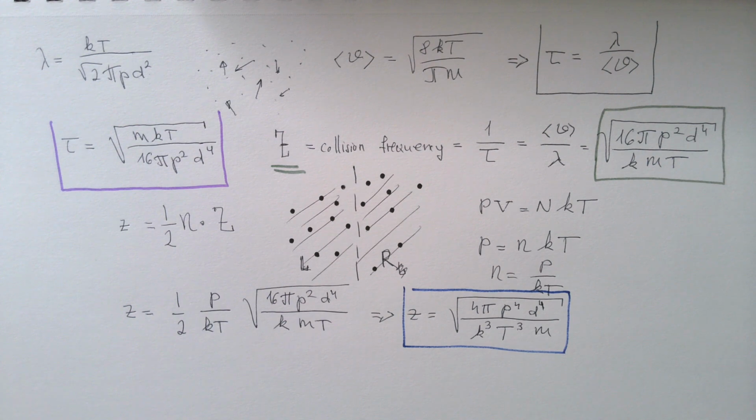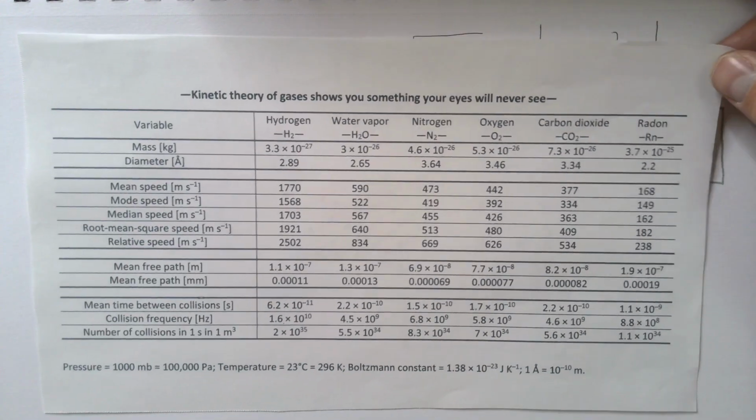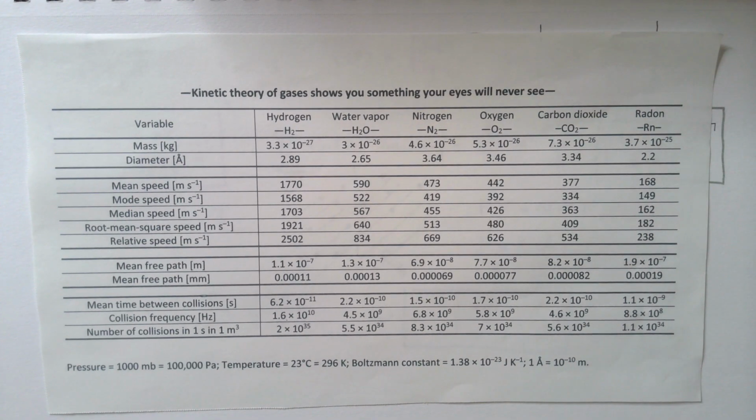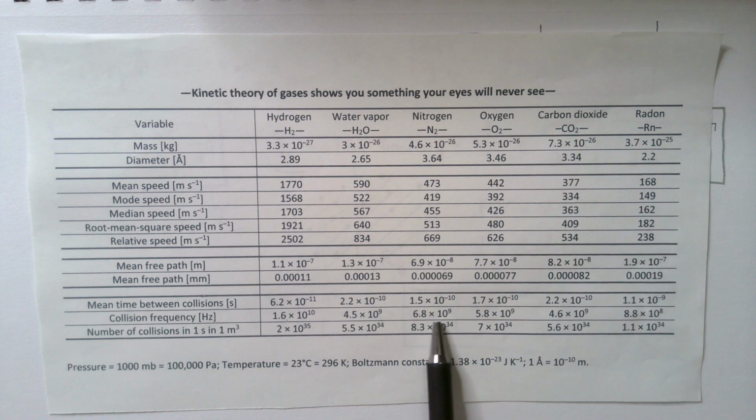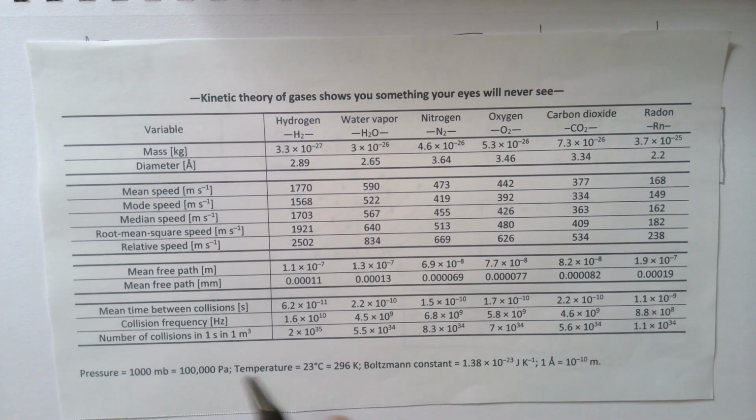I calculated this quantity too, and you will see that number of collisions in 1 second in 1 cubic meter is just a number that our brains cannot comprehend. If you take this same nitrogen, 10 to power 34 collisions in 1 second in 1 cubic meter is something we cannot comprehend. But we can sit here for a few seconds and admire this number and the beauty of kinetic theory of gases.